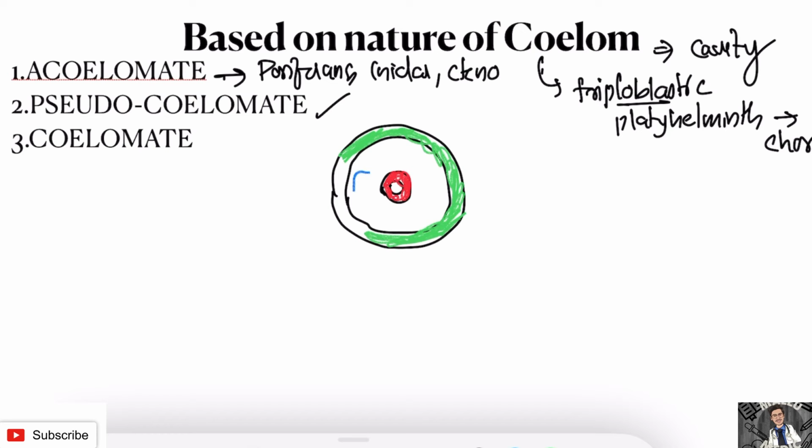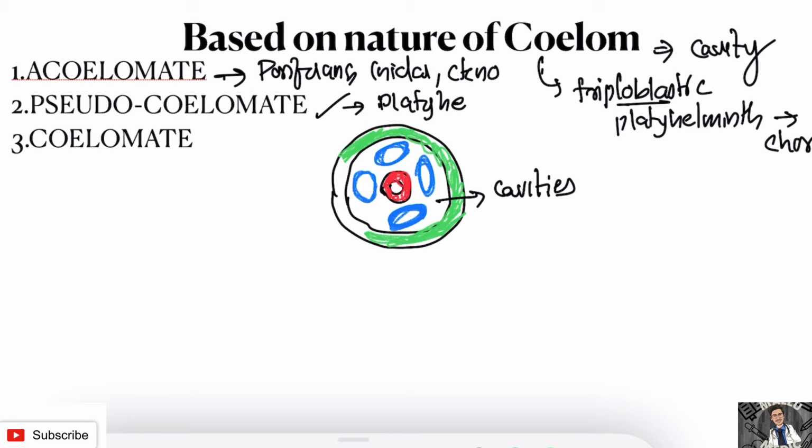Here mesoderm is seen in pouches. So what happens? There will be cavities in between the pouches, right? Which is the coelom, and they are the pseudocoelomate organisms. An example for pseudocoelomate are platyhelminth. You need to remember this.